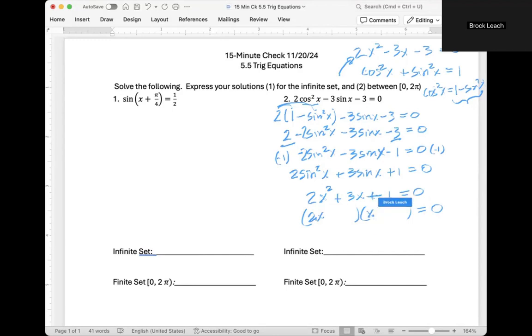With plus and plus, we know that this is going to be 1 and 1, and this would give me 1x plus 2x is 3x. So here's the worked out factoring. Let's just put sine x back in there now. So we'll go 2 sine x plus 1 and sine x plus 1.